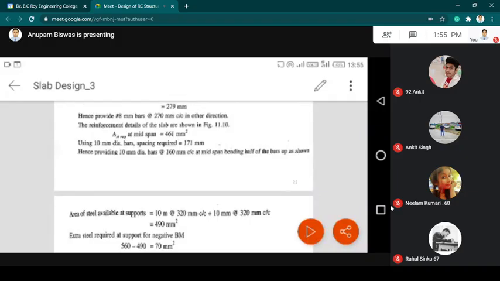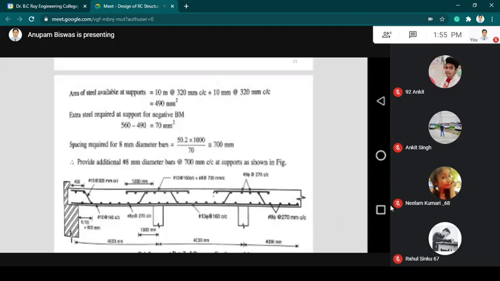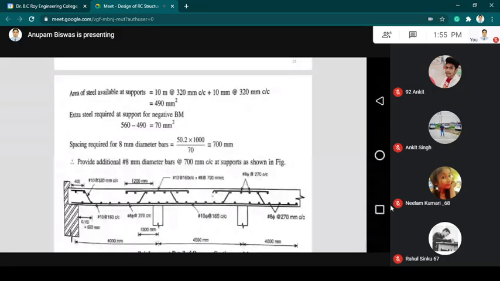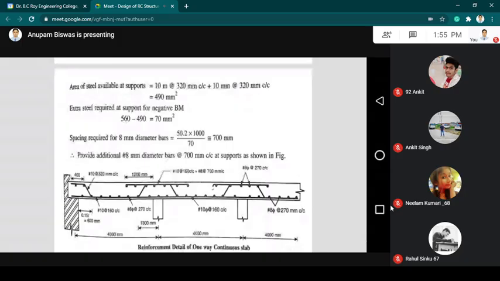The remaining half will not be bent up. The bars are provided at a distance of 320 mm center to center, and the other steel available is the half 10 mm at 320 mm center to center. That is the total steel available.